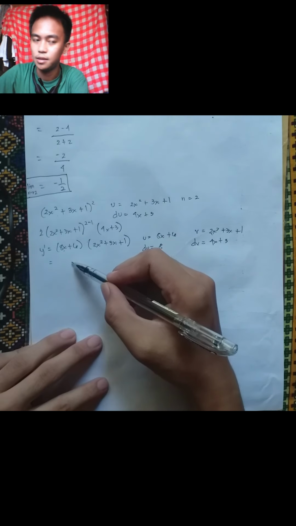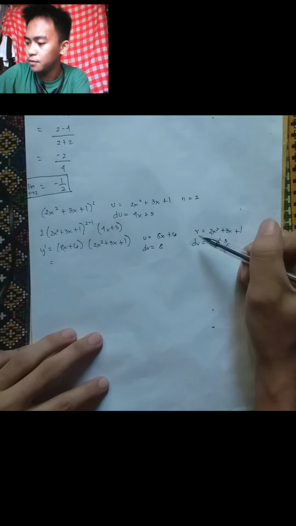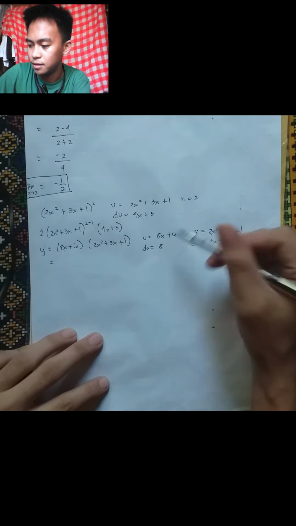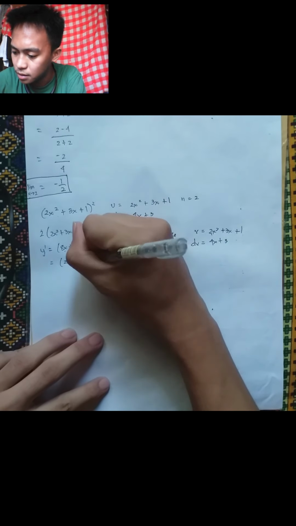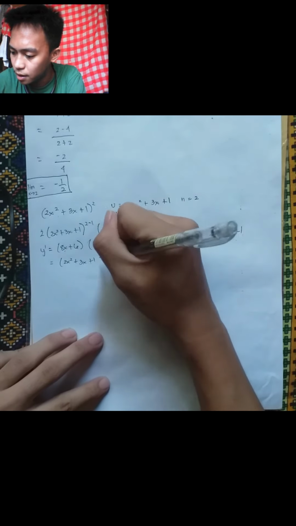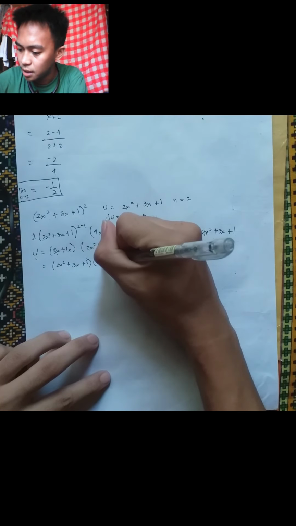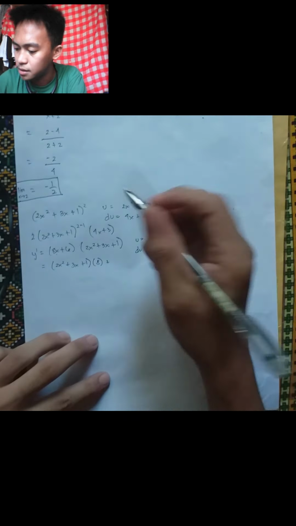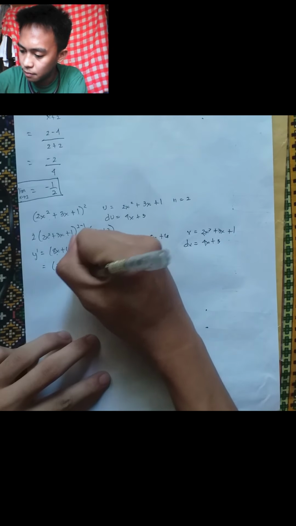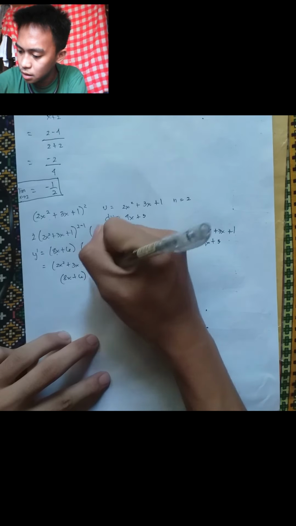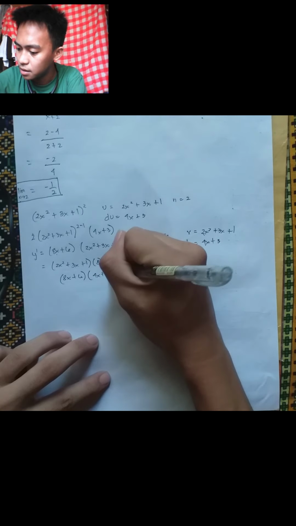So here is just the v du plus u dv. V du, v times du equals 2x squared plus 3x plus 1 times du, which is 8, plus u dv, 8x plus 6 times dv, 4x plus 3.